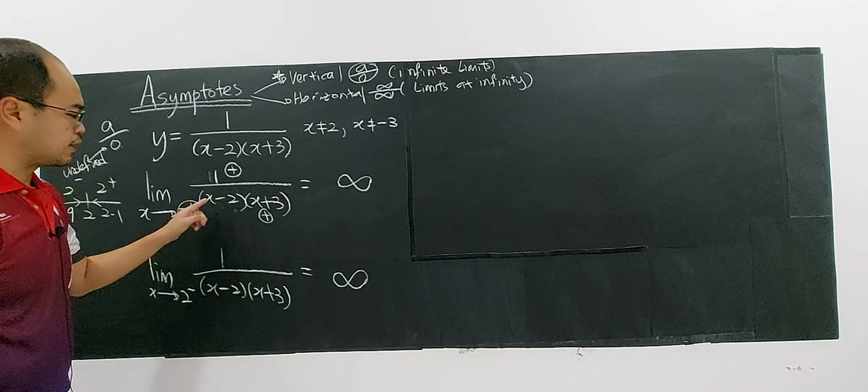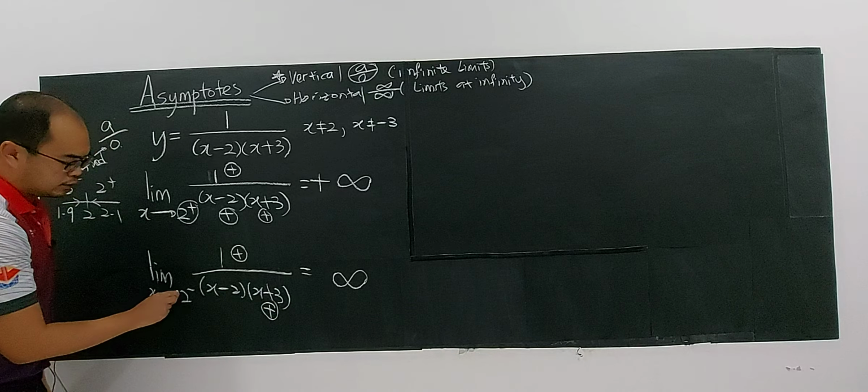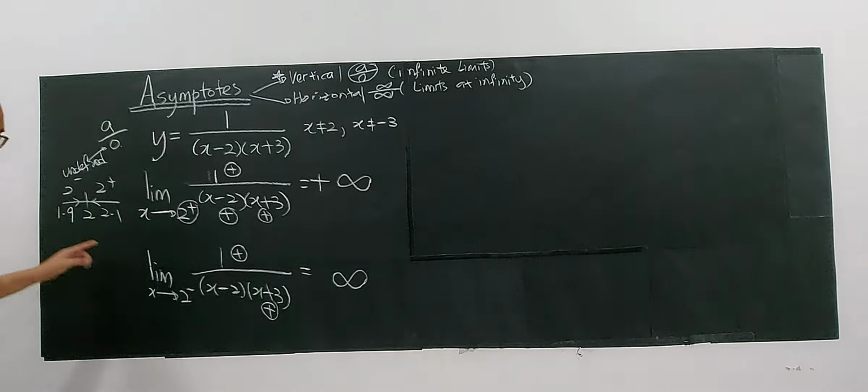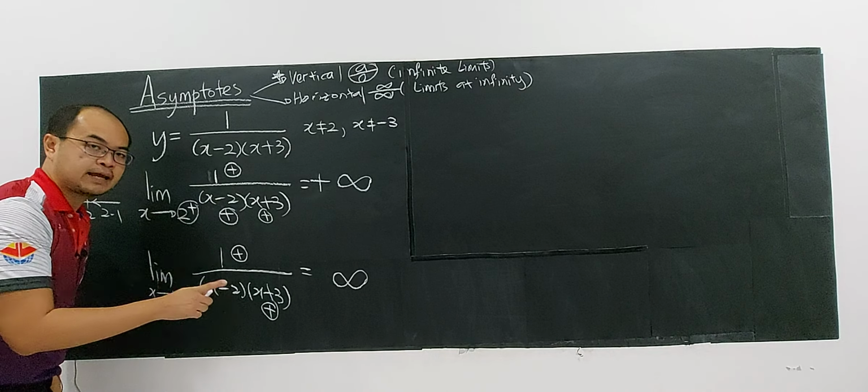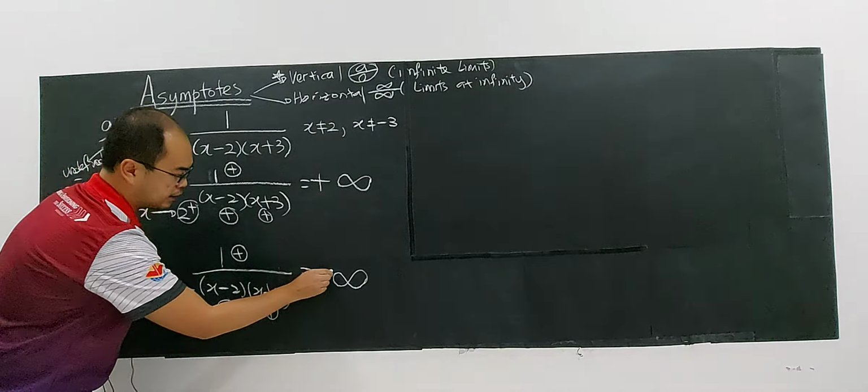Alright. So how about 2 from the left, right? This one, 1, will be positive. And this one, x plus 3, also gives positive. But for 2 from the left, you choose 1.9. So 1.9 minus 2 is a negative number. So you're getting negative infinity here.